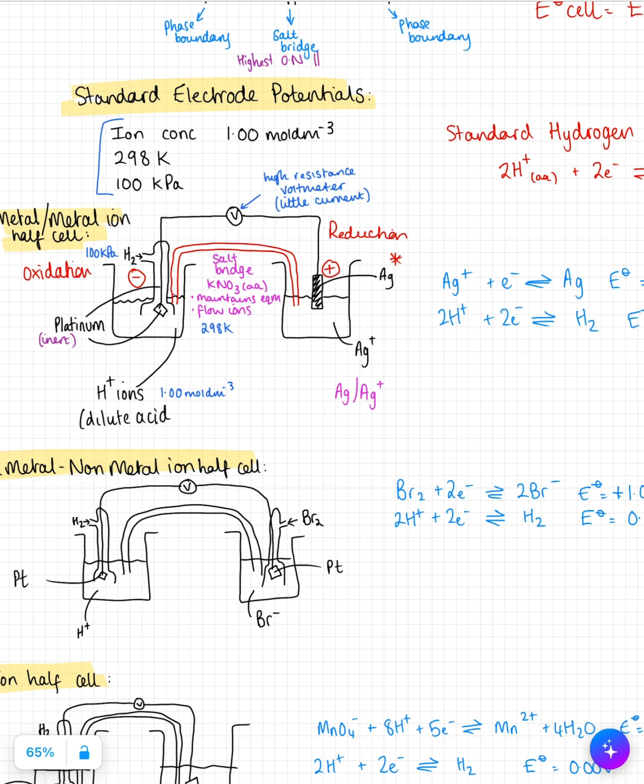So oxidation is the loss of electrons. So what is happening is we have a loss of electrons and a gain of electrons. Our electrons are being transferred in this direction.